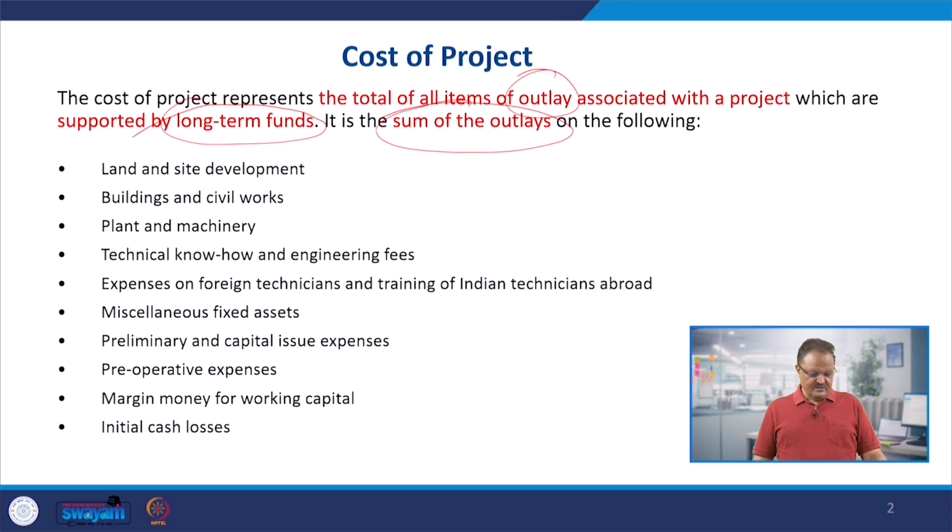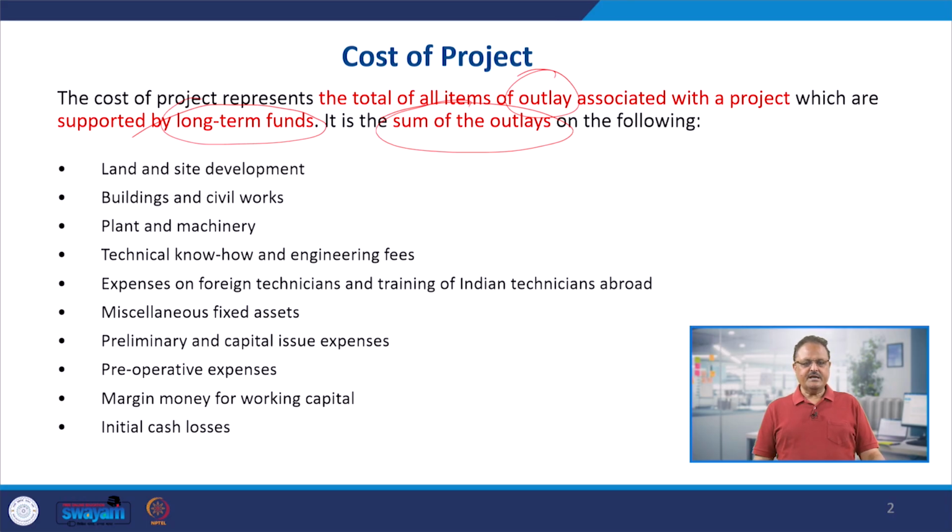And after that, once we have already built up the project, we have already incurred the project outlay, or the cost of the project has been worked out, we have to look for the short term funds for supporting the short term assets or current assets, which are required only for a period of 1 year or 12 months.